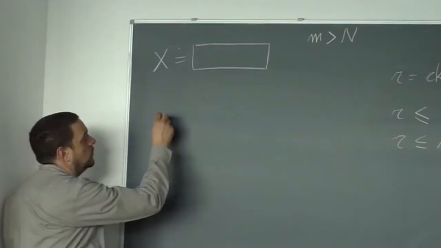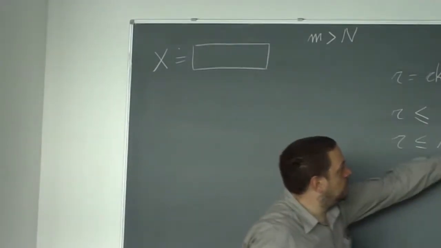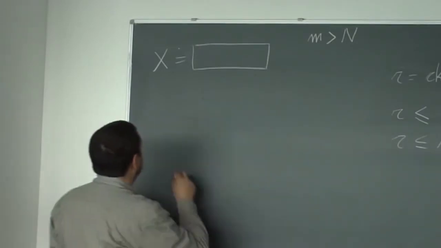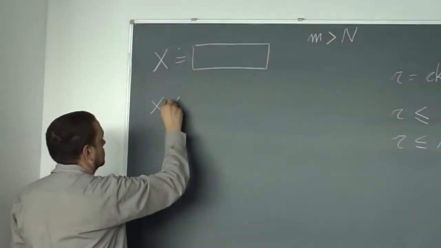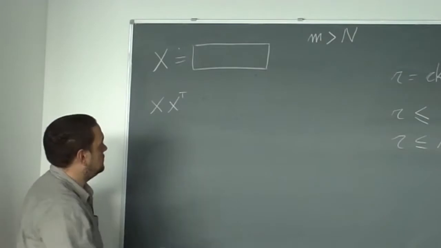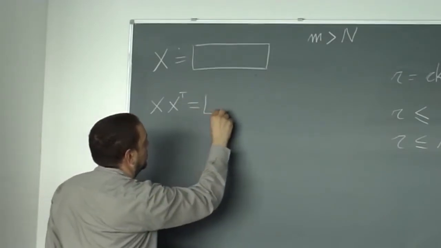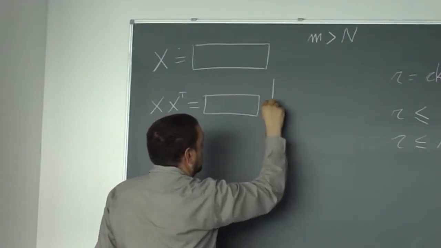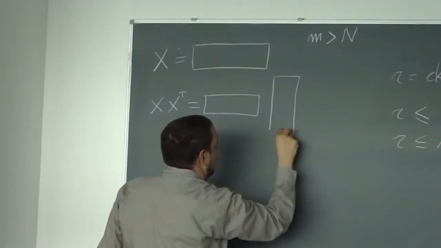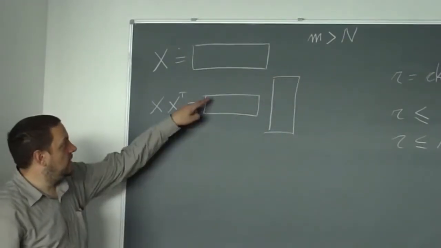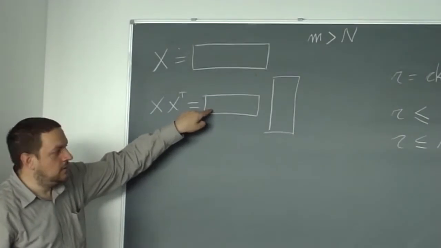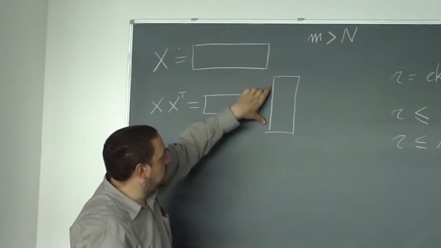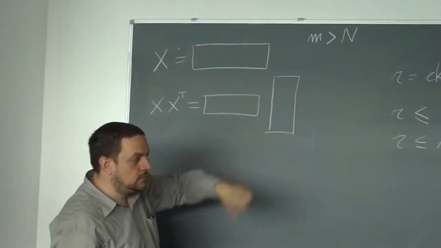Then, of course, when we compute X transpose, if we look at the involved dimensions, we are multiplying a matrix with few rows and many columns by a matrix with many rows and few columns.